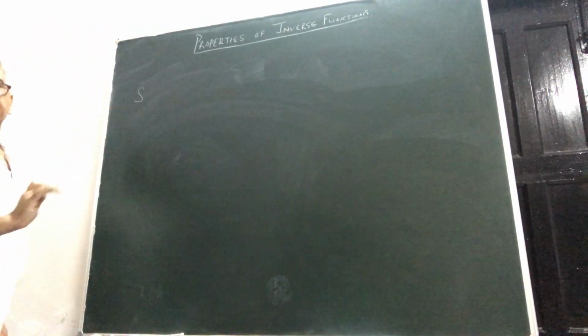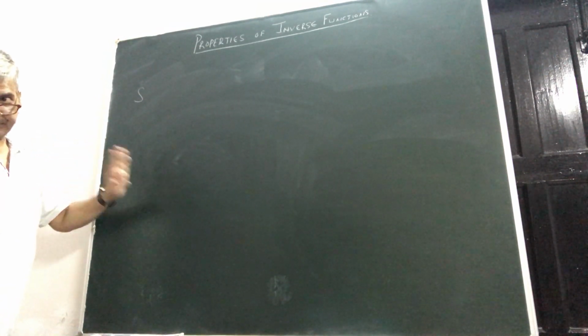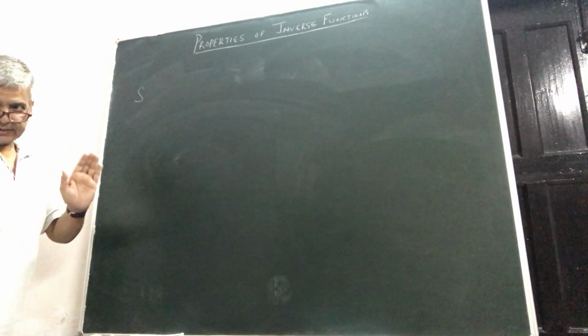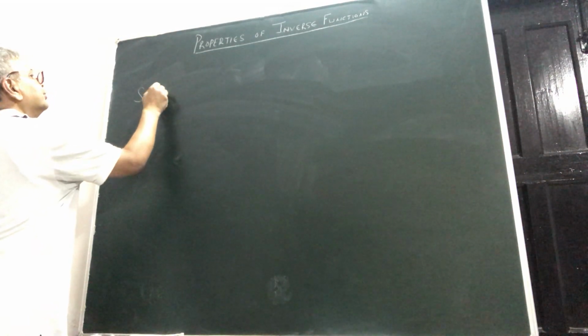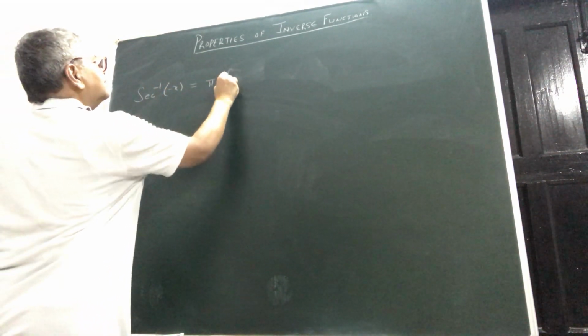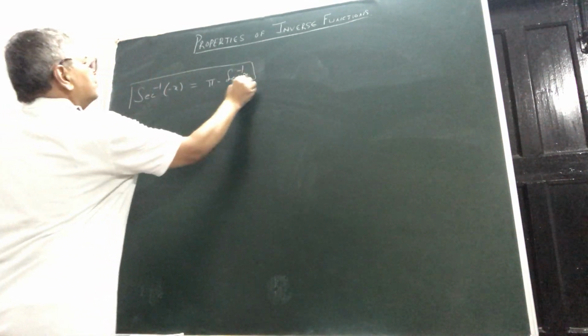This is the case where the principal branch is from 0 to pi. And I said when the principal branch is from 0 to pi, then sec inverse minus x will be pi minus sec inverse x. So sec inverse minus x is equal to pi minus sec inverse x. Let us prove this result.